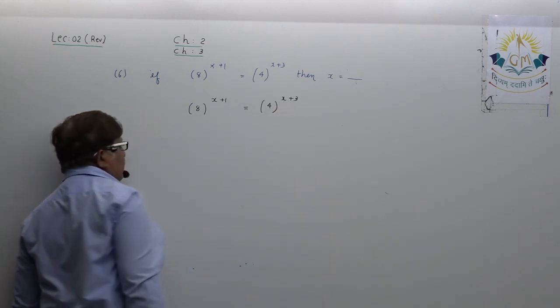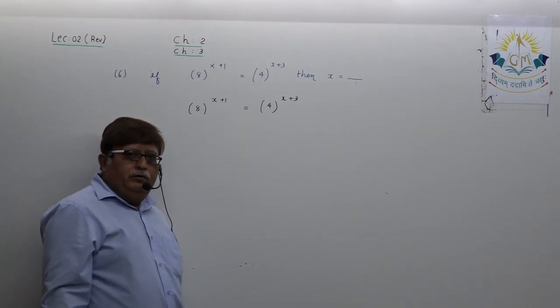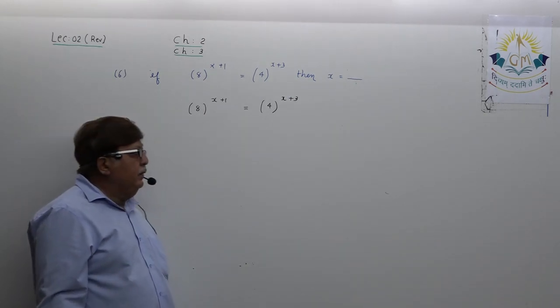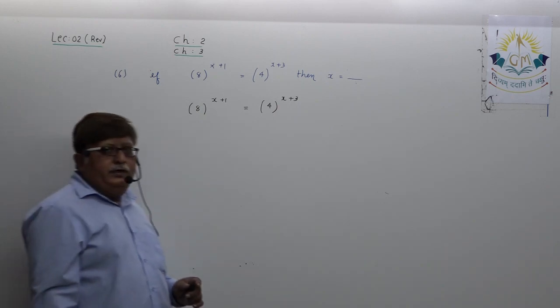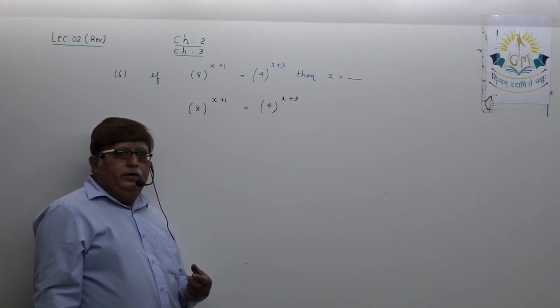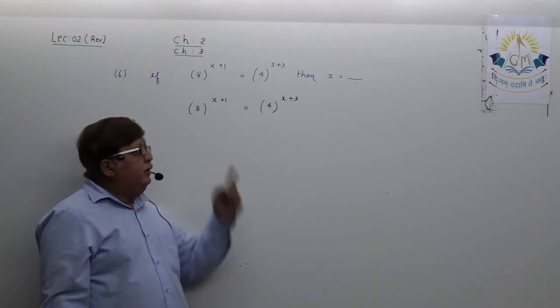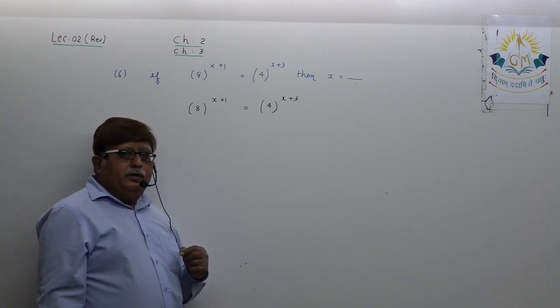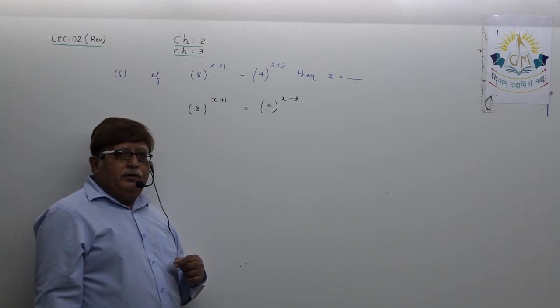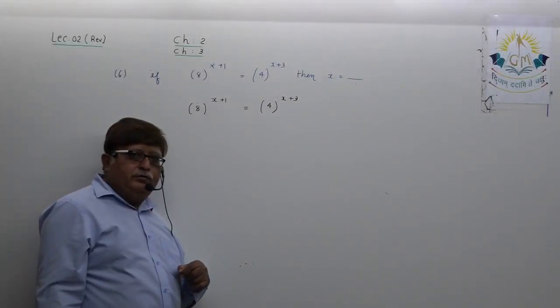Now, dear student, now comes pure logic because you have to find the value of x. Somewhere you have to equalize the power. But the basic lies here, power cannot be equalized until you have a similar base on both sides of the equal to sign.